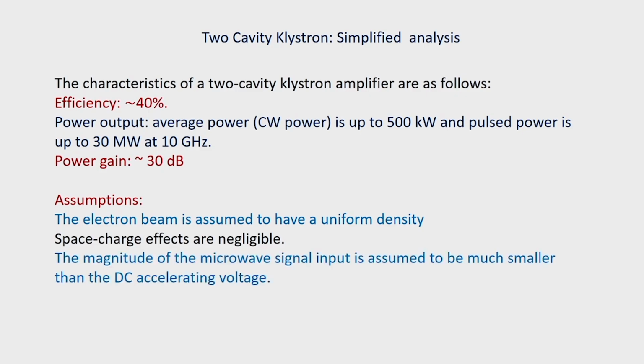The magnitude of the microwave signal input is assumed to be much smaller than the DC accelerating voltage. So, the input signal that we put in the buncher cavity, its magnitude is considered to be very small as compared to the DC accelerating voltage between the anode and the cathode.